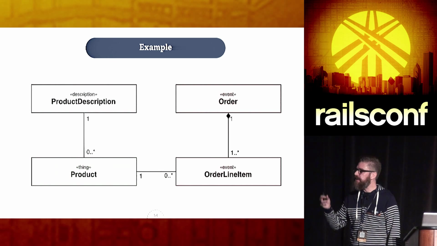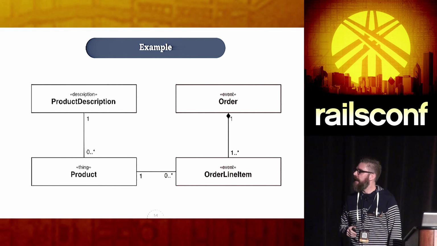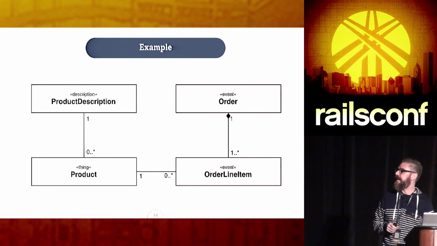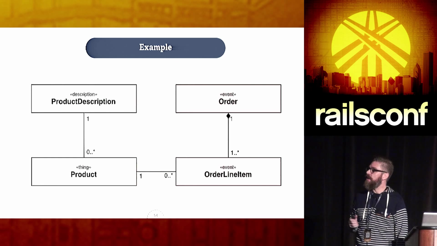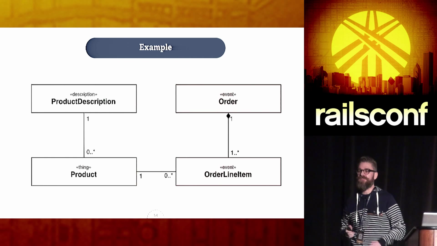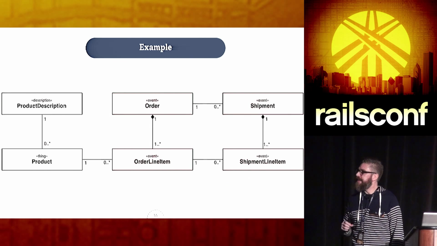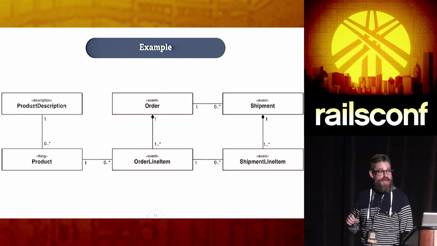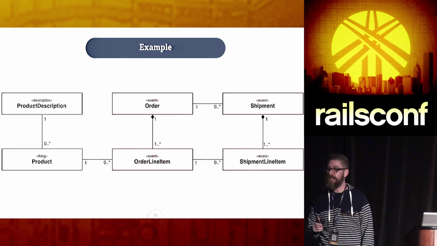But the interesting thing here is the composite. And the highlighting's not showing up very well, I apologize for that. But the order and the order line item is our composite pattern that we've seen before. But the interesting thing is we repeat this pattern as well. So with a shipment and a shipment line item, that is a composite.